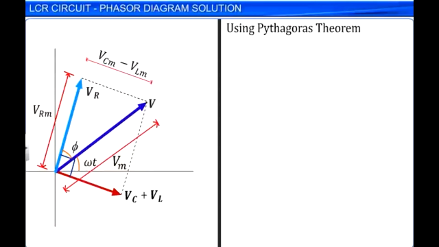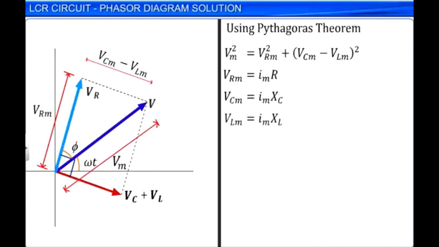Substituting the values, we see that Vm square is equal to VRM square plus (VCM minus VLM) square. Using the values of VRM, VCM, and VLM, we get Vm square is equal to (Im R) square plus (Im Xc minus Im XL) square.